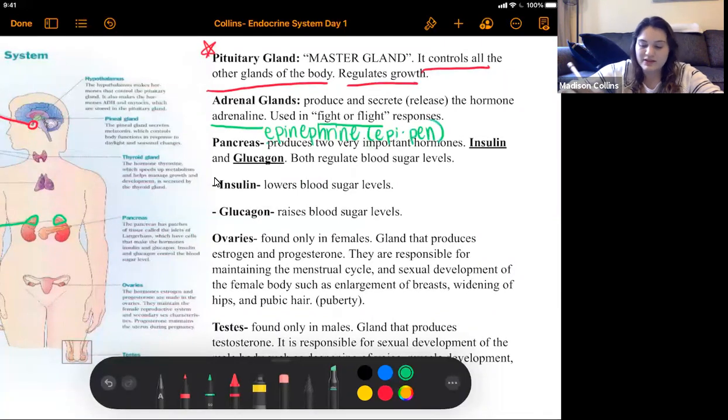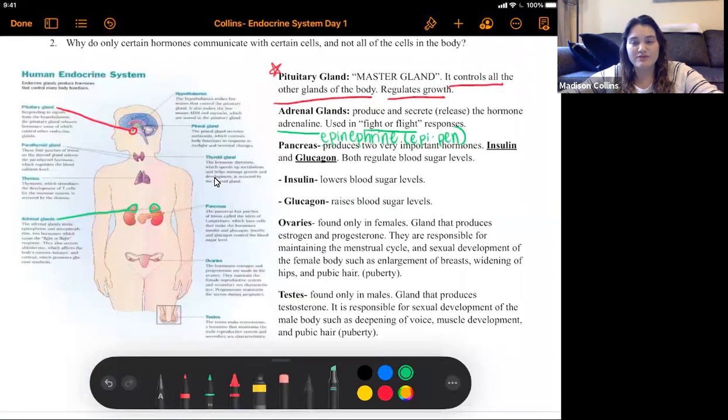That EpiPen is what's given to people when they are having an allergic reaction, and it's filled with epinephrine. So again, that adrenaline is going to go into their body and basically go into survival mode. That fight or flight response kicks in and it helps them stay alive until they can get help for that allergic reaction. All right, so this is survival mode when threats are present.